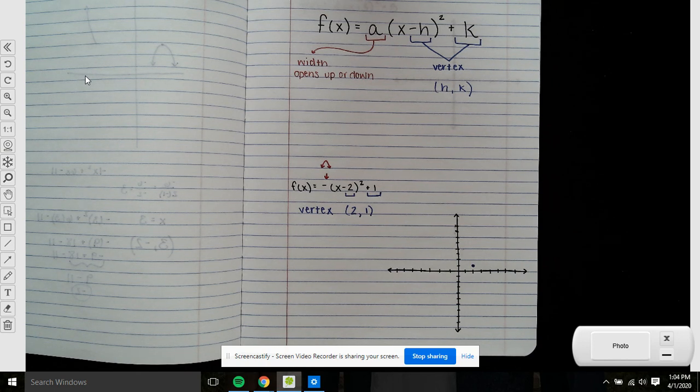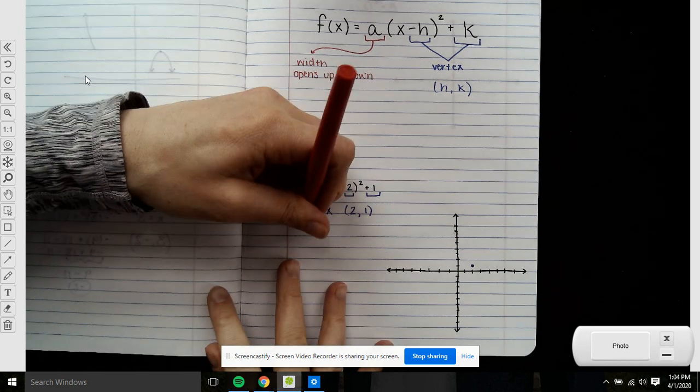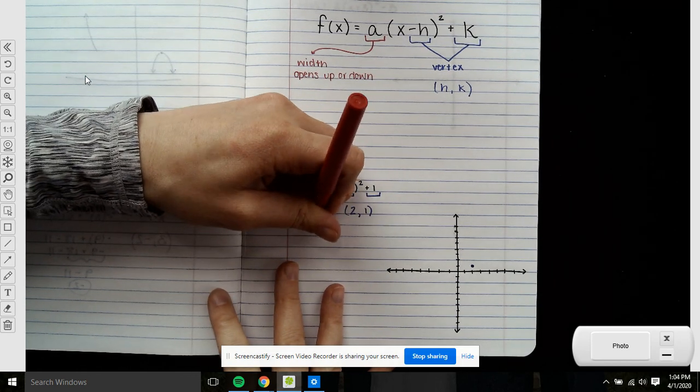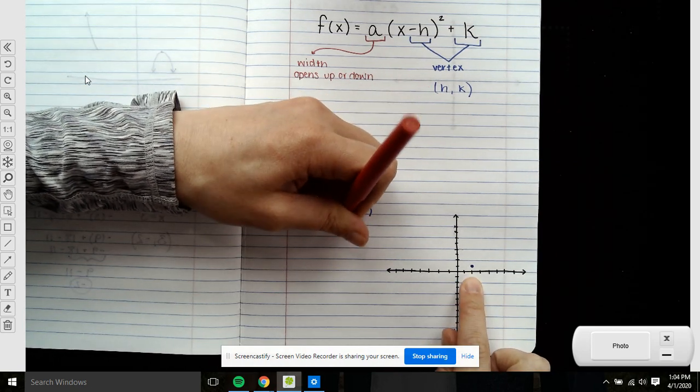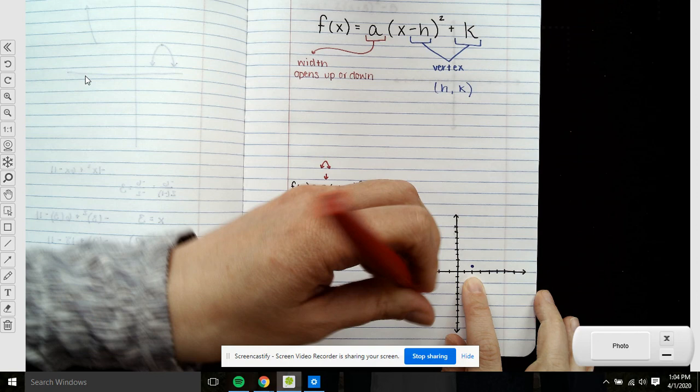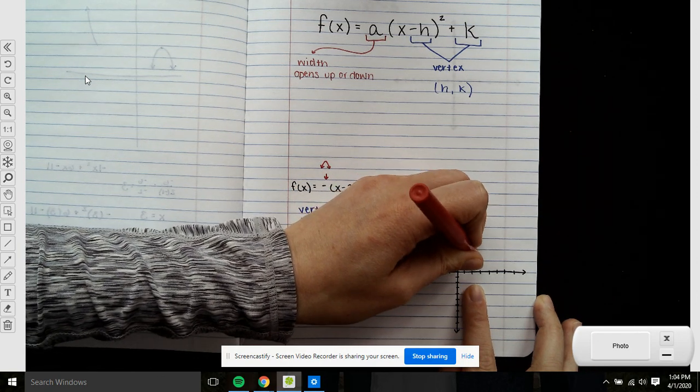From there, I know that the vertex always goes through my axis of symmetry. So I know my axis of symmetry, some people say AOS for short, is going to be at that X value of 2. So I can go ahead and do my dotted line for that as well.